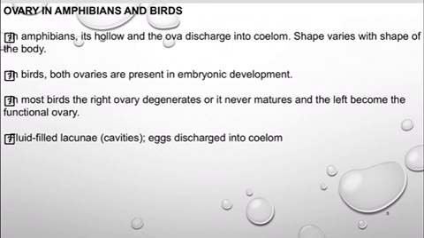What about the ovary in amphibians and birds? In amphibians, the ovary is hollow and the eggs are discharged into the coelom, the body cavity. The shape of the ovary in amphibians varies with the shape of the body of the amphibian that you're considering. What about birds?